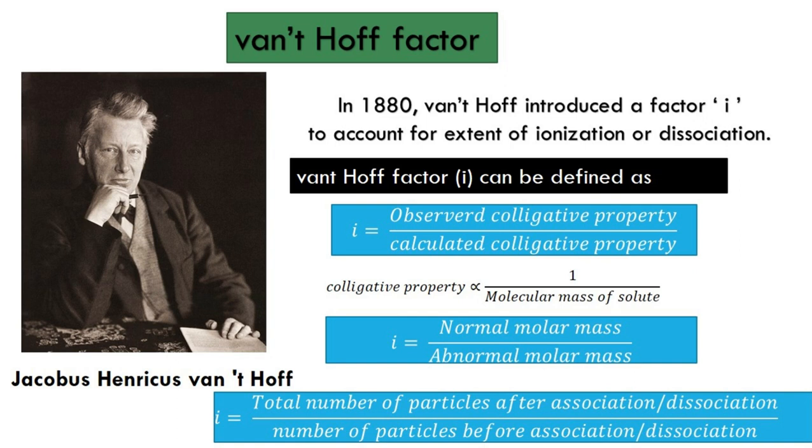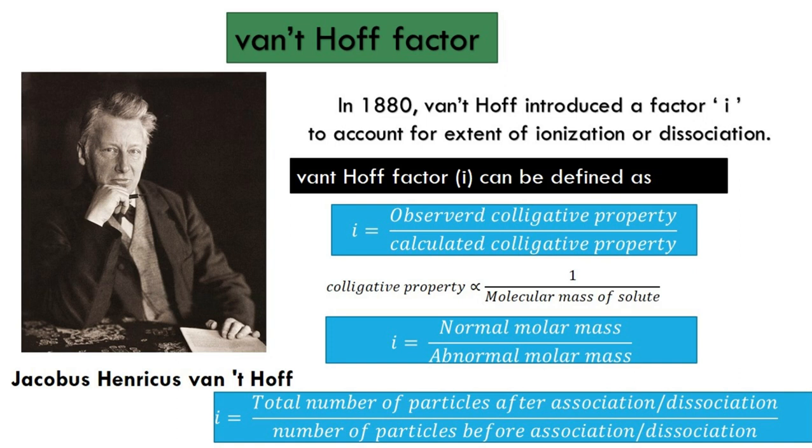This Van 't Hoff factor i can be defined as observed colligative property divided by calculated colligative property. We know colligative property is inversely proportional to the molecular mass of solute. So i can also be defined as normal molar mass by abnormal molar mass.